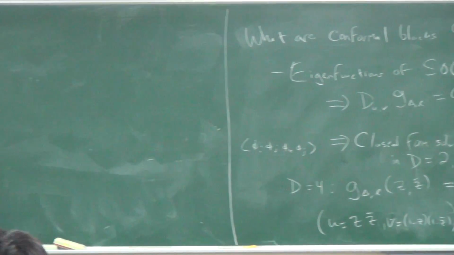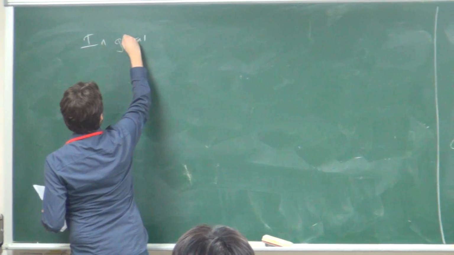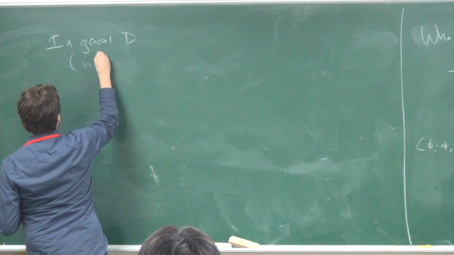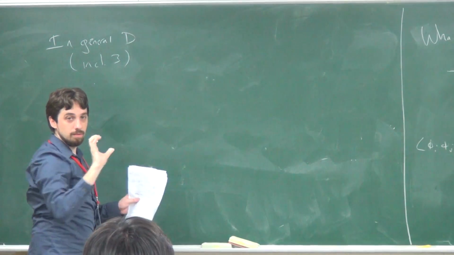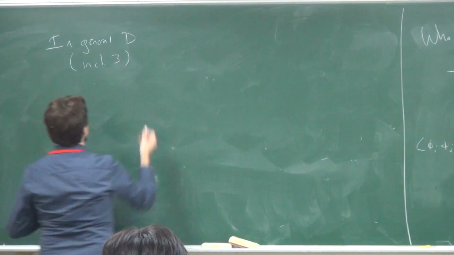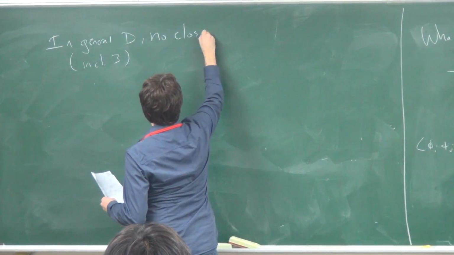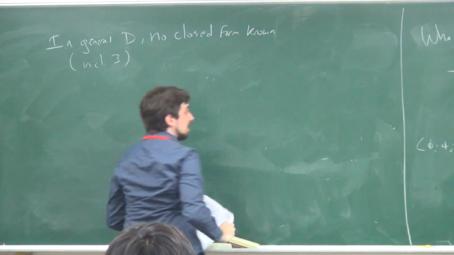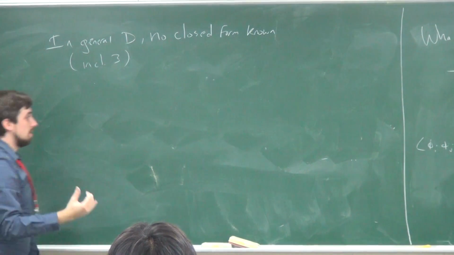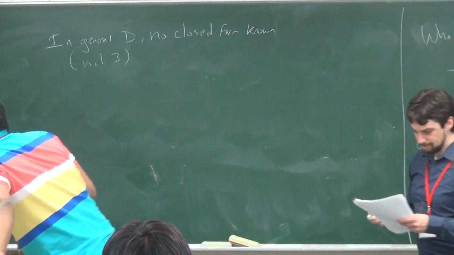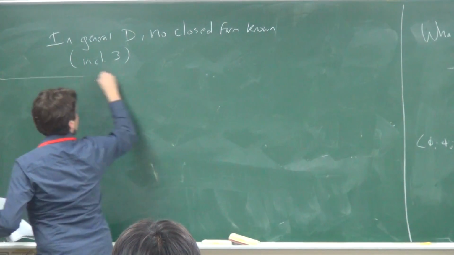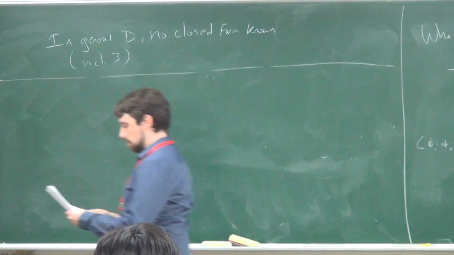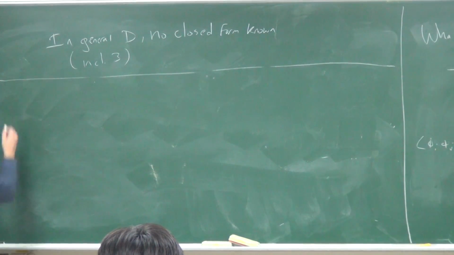Let me first say, in general dimensions, including 3, which is a very interesting case, there's no closed form, no? So you have to come up with some other trick for evaluating the blocks. And so let me just mention a general approach to doing that, which will make the connection to the Casimir clear.